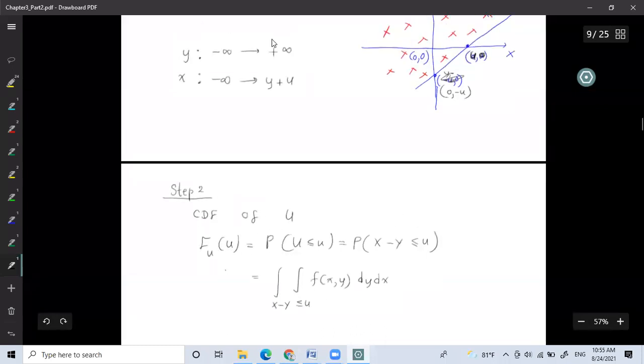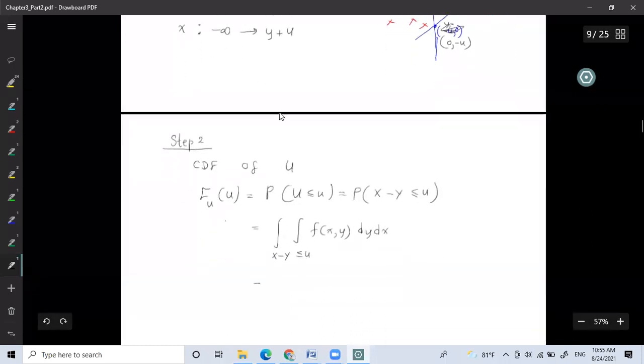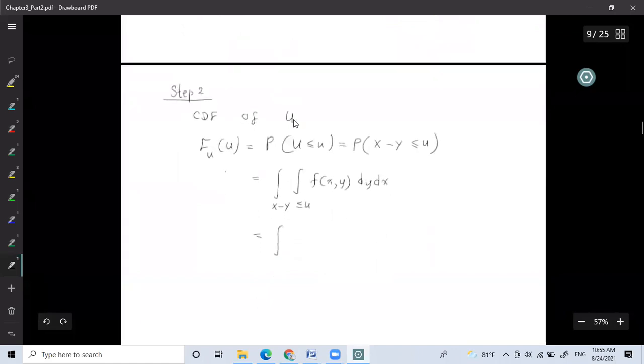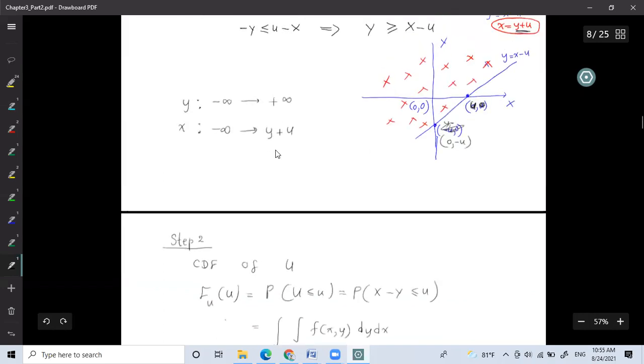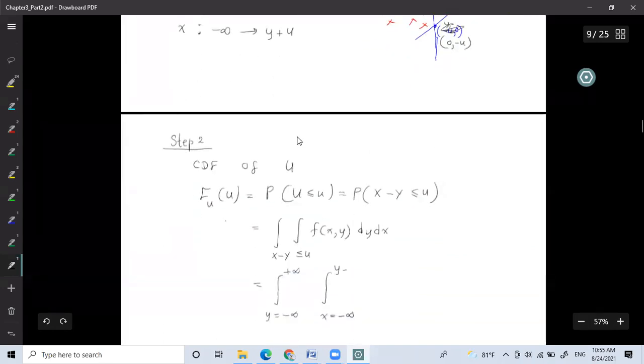Now since I am fixing y, I'll write y as the outer integration. So you can see the difference from the previous one. The previous one, we wrote the outer integration to be x. Now in this case, we have given the freedom for y. So y will be the outer integration, negative infinity up to plus infinity. And our inside integration will be from x negative infinity up to where? y plus u. And inside we have the joint density of x and y. Inside we have dx, outside we have dy.